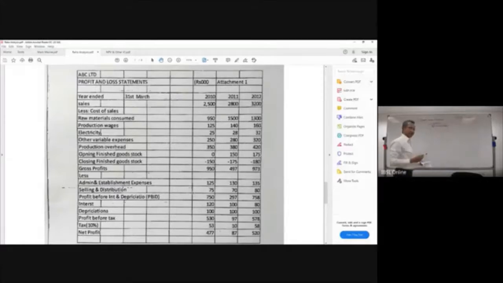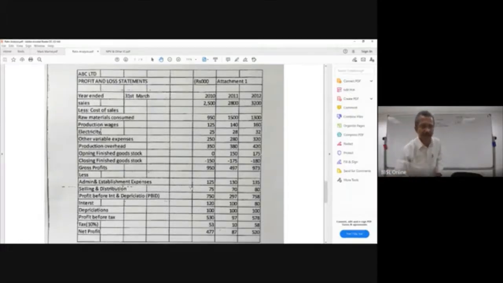So sales. What is the sales in 2011? 2,800. And put down 2012, 3,200. Net average fixed assets. How do you get the net average fixed assets? So we'll go to the balance sheet, right?